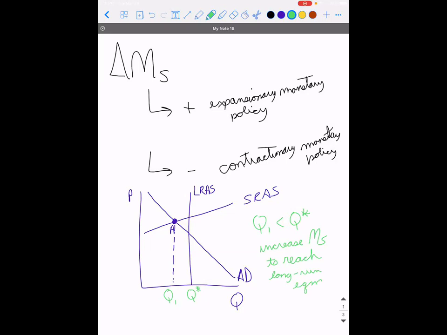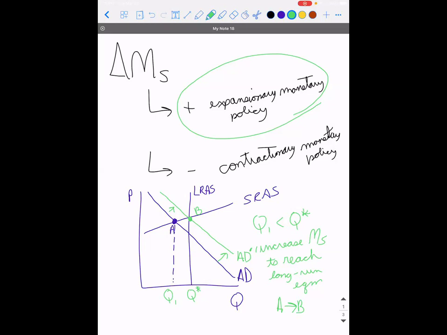That would be expansionary monetary policy. So you would increase the money supply to basically shift out the aggregate demand curve from A to B.